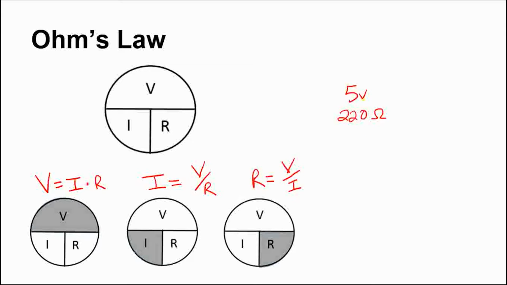So we know voltage and we know resistance, but what if we want to calculate the current that's running through that circuit? Well, to calculate current, we need to take voltage, in this case 5, and divide it by resistance, which is 220.